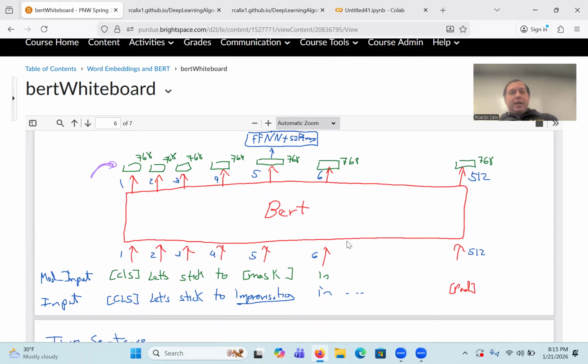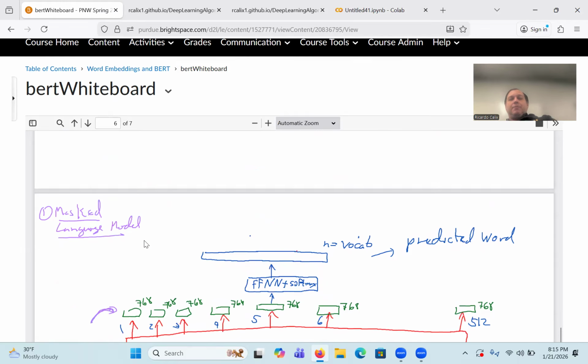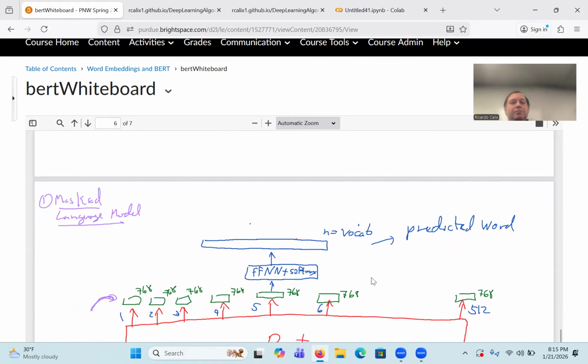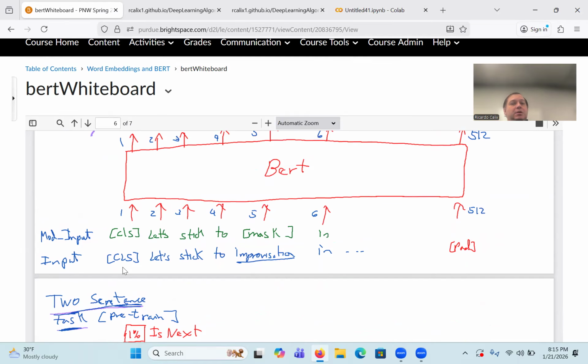So here we have kind of the concept for the masked language model, a simple drawing. You have an input, which is CLS, a sequence of 512 words, CLS, then let's stick to improvisation in, and so on, right? So those words go in. Notice that part of the process in the training is to mask one of the words. That is to say, improvisation is not included in the input, okay? Then remember, there are embedding layers in here that are going to convert this into vectors.